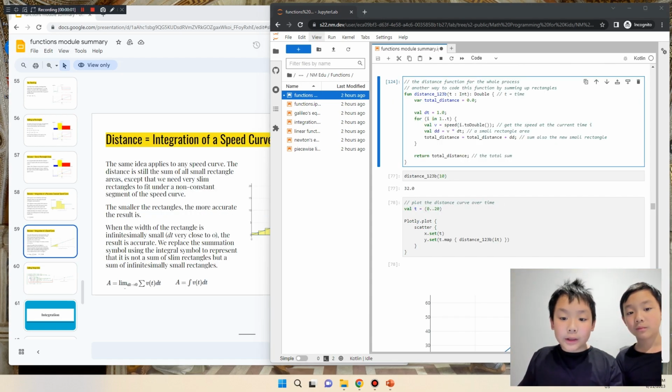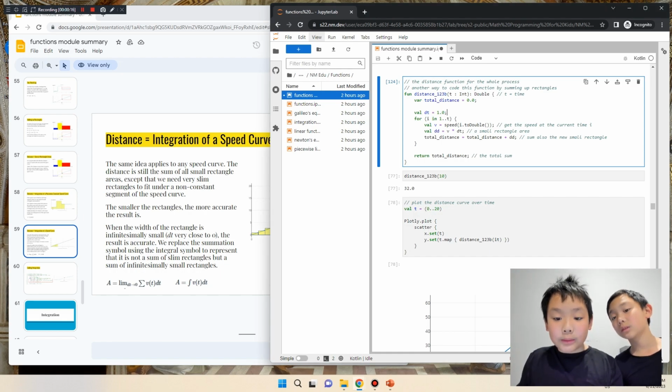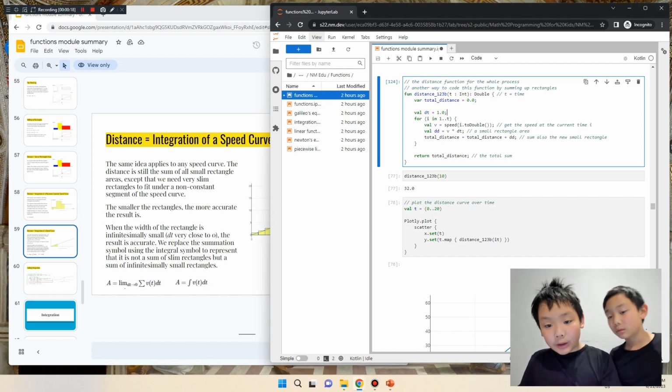So now we're going to be teaching you how to do the integration. First we name the function distance 1, 2, 3, b. You can name it anything you want, but we're just going to use this. And we're going to make a dt of 1, which means the rectangle's width is going to be 1.